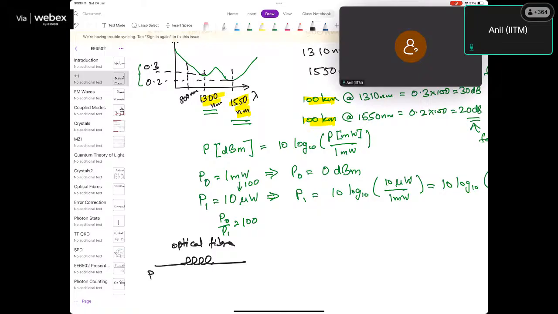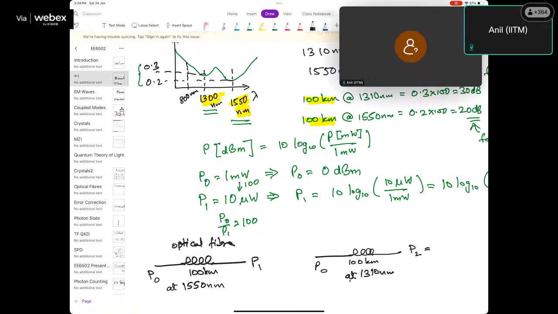If I send P0 down here, and this is 100 kilometers, what I'll get out here is P1, if I'm sending it at 1550 nanometers. On the other hand, if I send P0 down the same 100 kilometers at 1310 nanometers, I will get P2, which is 1000 times smaller.